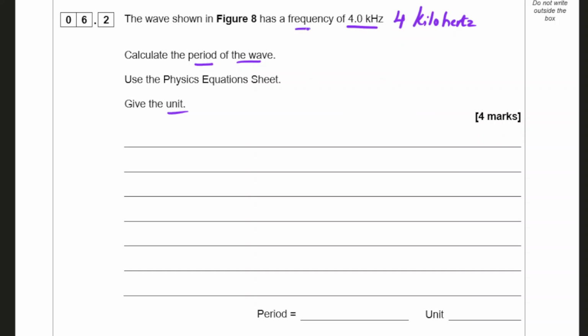First thing, the frequency, which is F, you have to change it to hertz. So frequency, which is equal to 4 kilohertz multiplied by 1000 equals 4000 hertz.